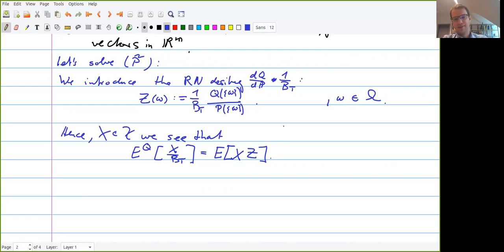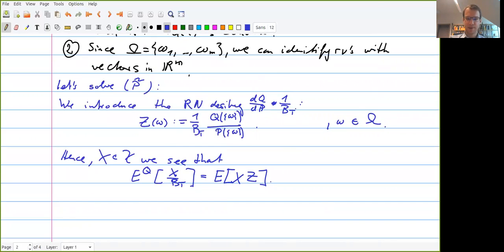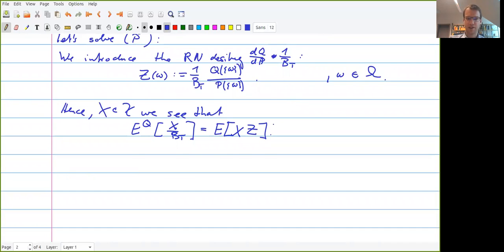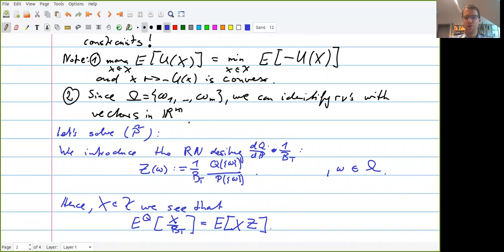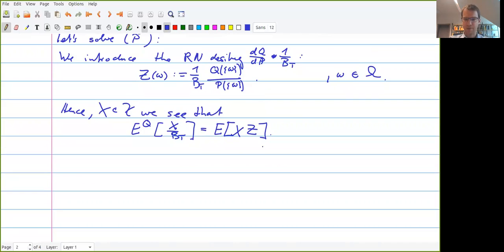So this is the Radon-Nikodym density. Okay. So this was the first thing. And now I want to use the second observation, which I stated here under 2 already. Okay, I want to identify random variables with vectors.